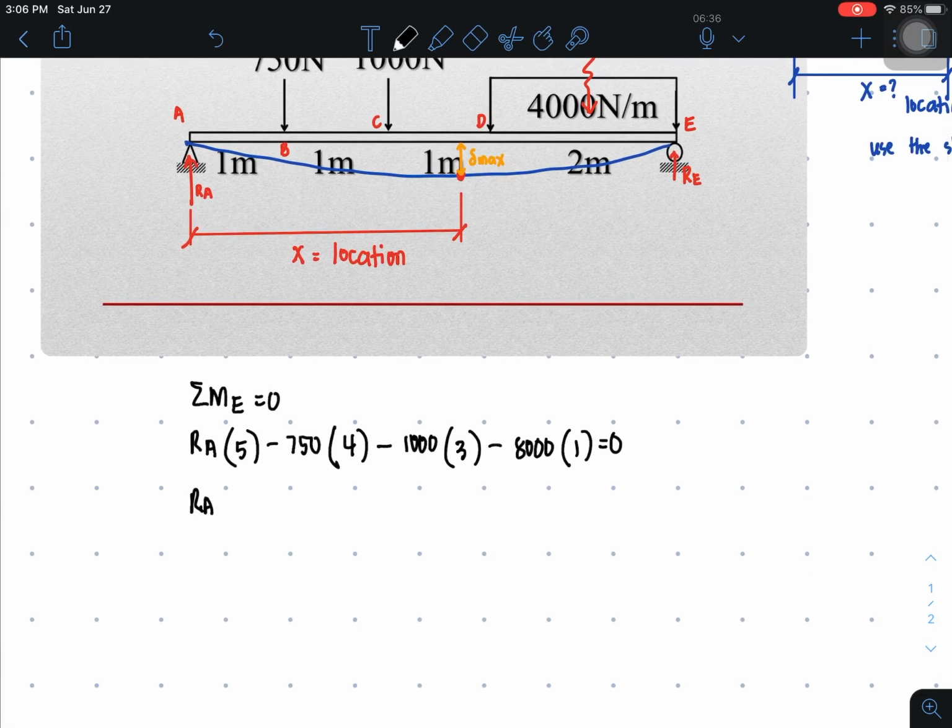So RA, pila tong RA? So it's 750 times 4 and 1,000 times 3 and 8,000 divided by 5. So the answer here is 2,800. And this is in newtons.